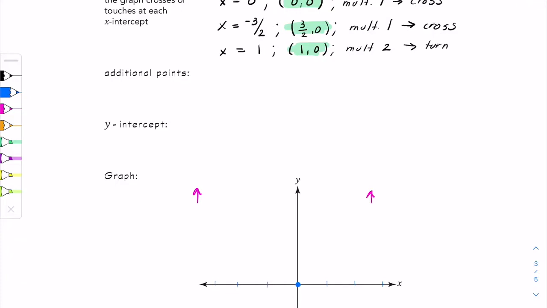These are sketches, so just be as accurate as possible, but you can create the increments however you want to. So you can see I just spaced my graph out quite a bit. I need to graph a point at 3/2, 0.